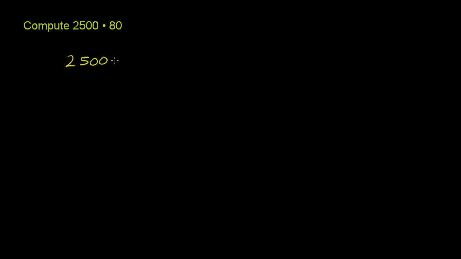2500 times 80. This is equivalent to, 2500 is what? It's 25 times 100. That's what 2500 is. 2500 is 25 times 100 times 80. And what's 80? 80 is 8 times 10.